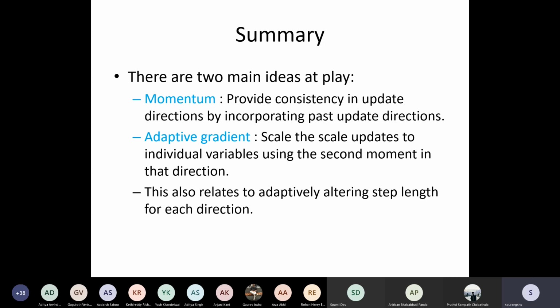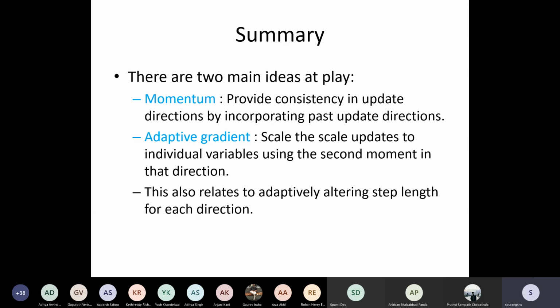To summarize the last portion, there are two main ideas of acceleration at play. The first one is momentum, which provides consistency in consecutive update directions. Because your gradient is noisy, you want consistency in the update direction, so momentum is very important.